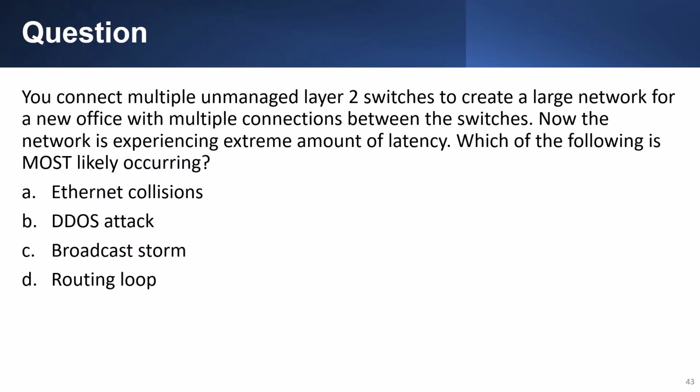Question: you connect multiple unmanaged Layer 2 switches to create a large network for a new office, with multiple connections between the switches. Now the network is experiencing an extreme amount of latency. Which of the following is most likely occurring? Answer: broadcast storm.